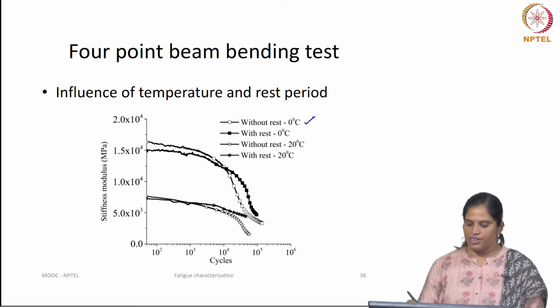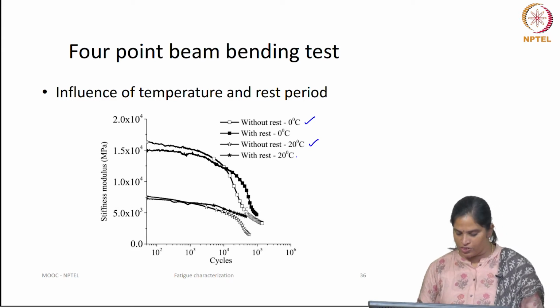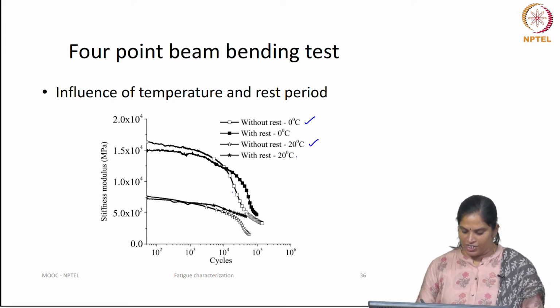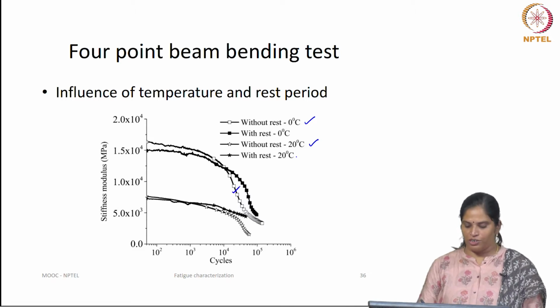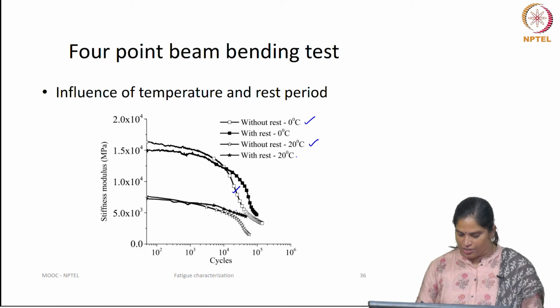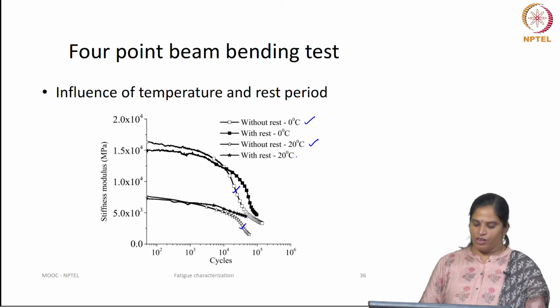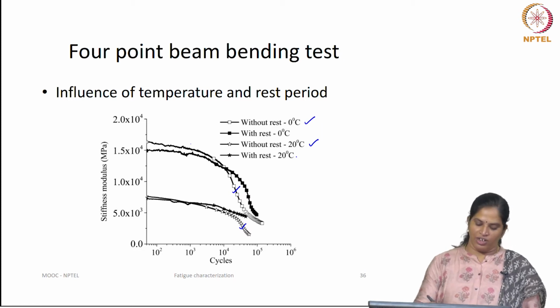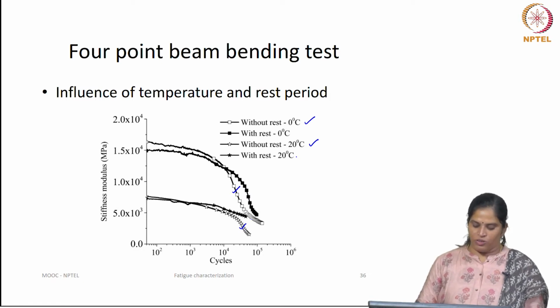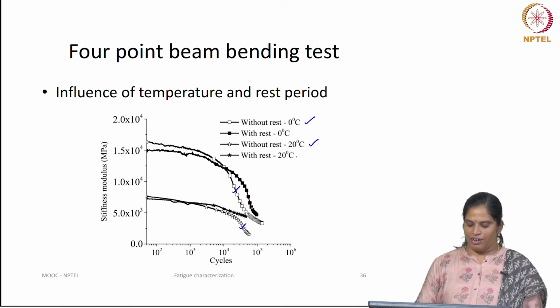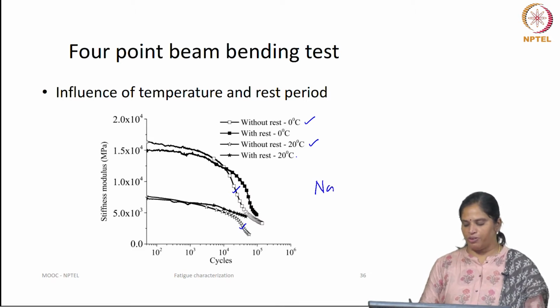Now, if you see the test temperature at 0 degree and 20 degree, this is the test conducted without rest period, on continuous loading, at 0 degree, and this is a test conducted without rest period at 20 degree. So, 0 degree has a high flexural stiffness compared to 20 degree, as expected, and again the rate of decrease is also not the same, which you will observe when you plot a normalized plot.